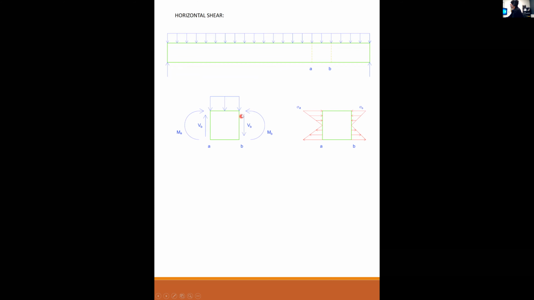So this blow up right here is this segment from A to B. And what you see here is a positive moment at A, drawn in the positive sense, and a shear at A, and here we have a shear at B, and the moment at B. And we have the uniform load on top of this element.